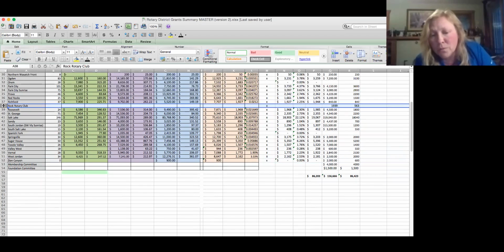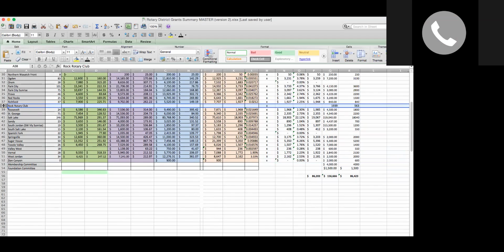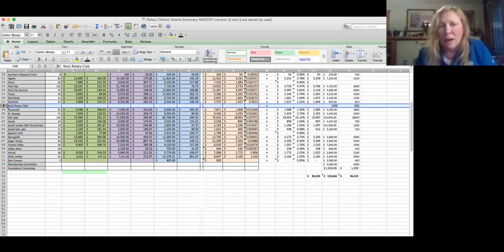And so the money that Murray gets technically includes the money for Rock Rotary. Now, one of the challenges we have is figuring out how to separate that out. And at our level, at the district level, we haven't got any means of determining which members are from which club. And so we have to work with those two clubs to help them determine how to split that money up.